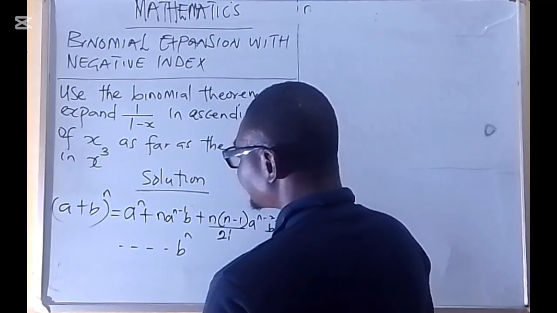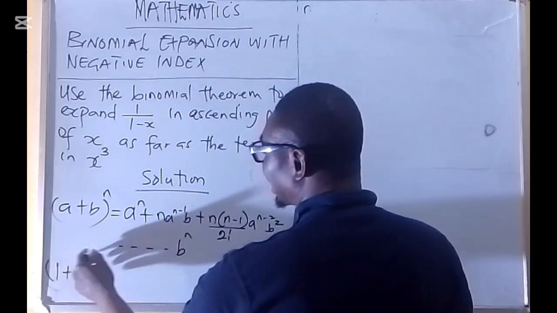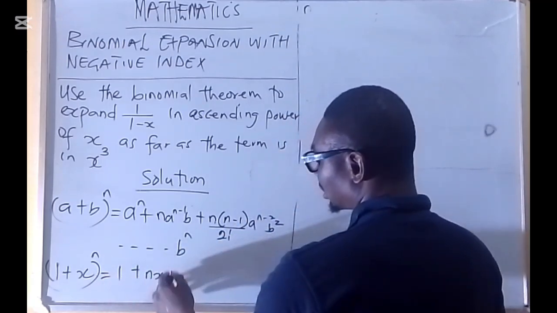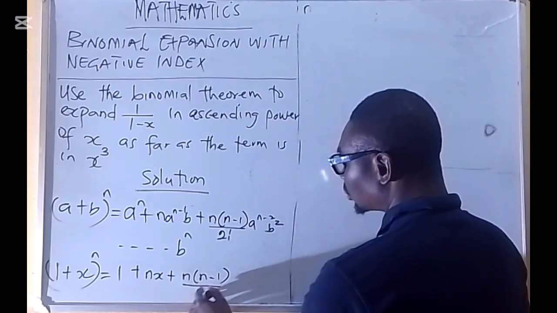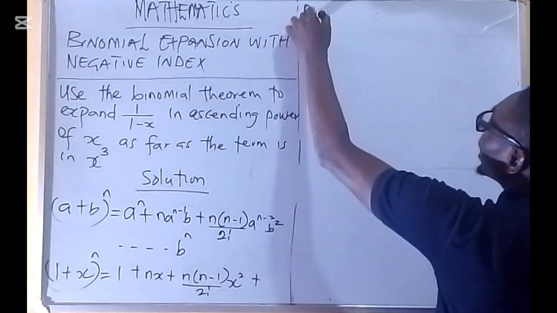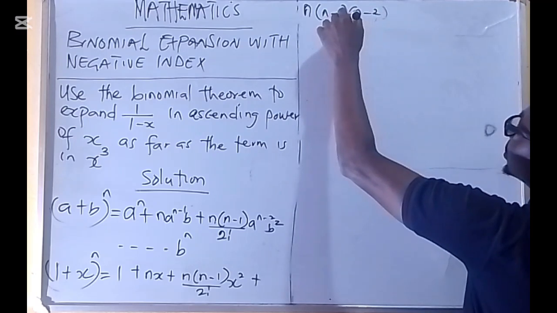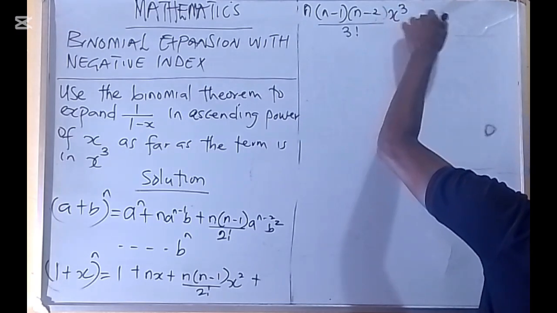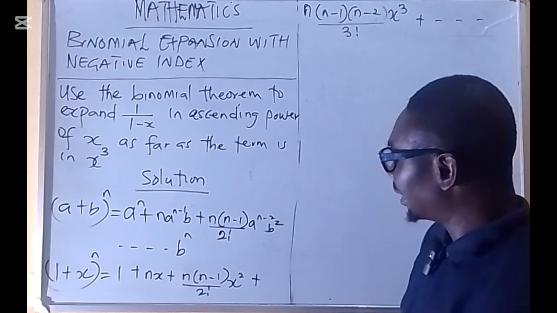We can use this binomial rule to expand (1 + x) raised to the power n to be 1 plus n x plus n into n minus 1 over 2 factorial, then x raised to the power 2, plus n into n minus 1 into n minus 2 all over 3 factorial times x raised to the power 3, plus dot dot dot, up to x to the power n.